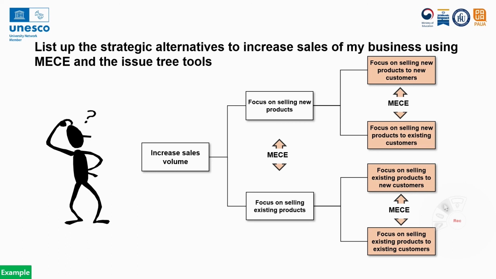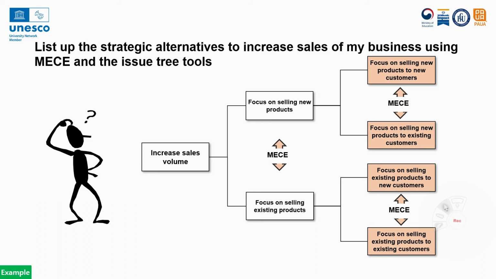There may be a question, is this the only way of listing up the strategic alternatives? That means disaggregating the big issues into two smaller issues based on the products, whether it's new or not, and then dividing it into whether we will sell this one to new customers or existing customers.